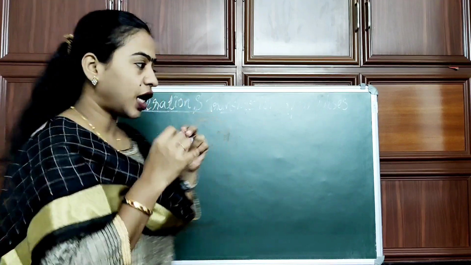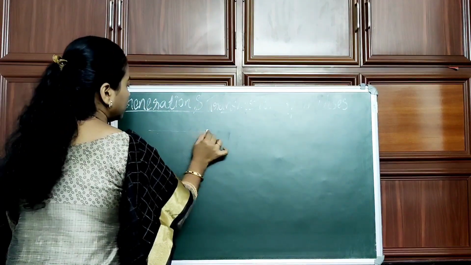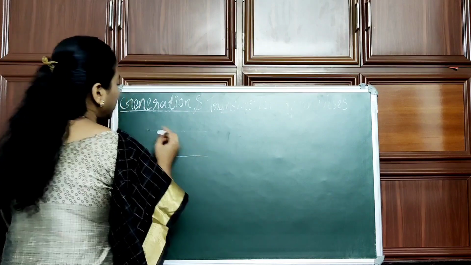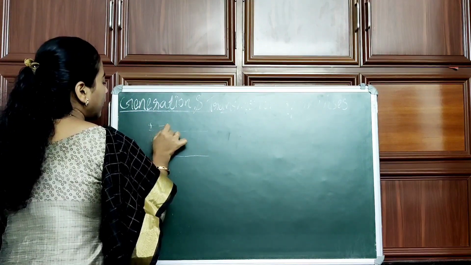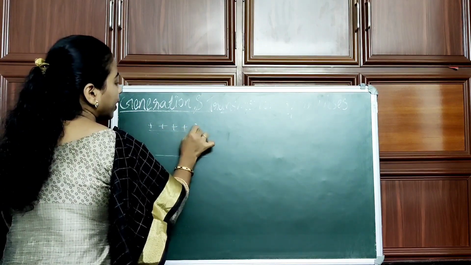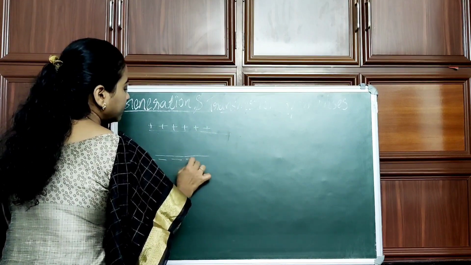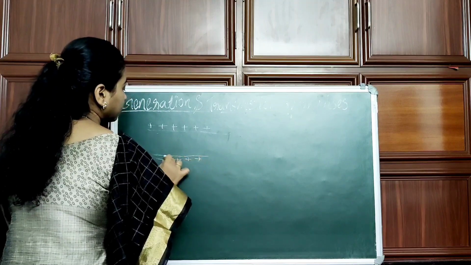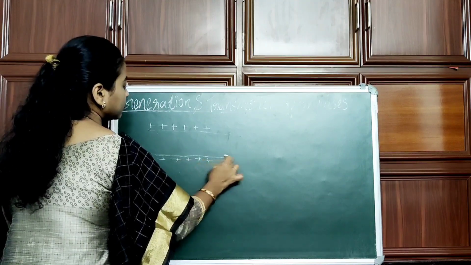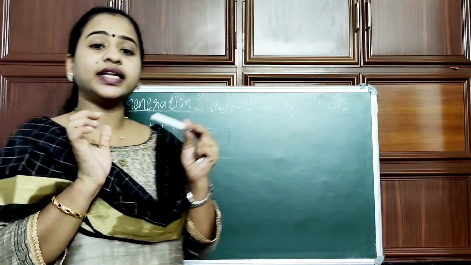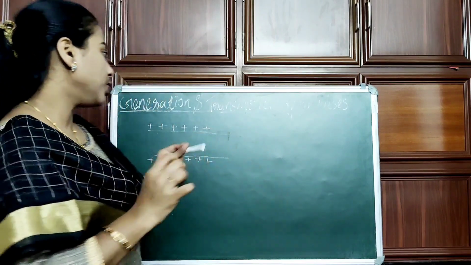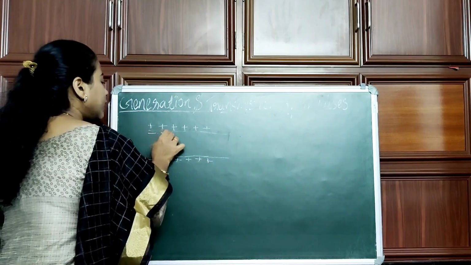The outer surface of the plasma membrane of the neuron is positively charged, and the inner surface of the neuron is negatively charged.